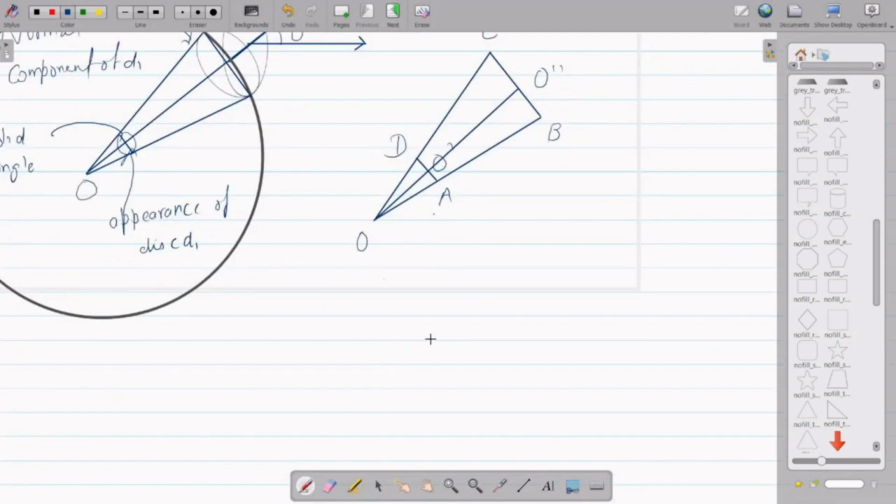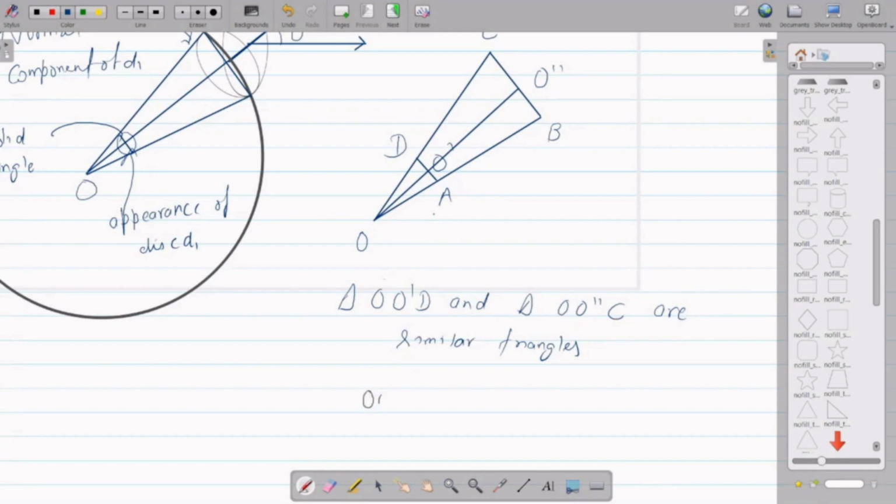So here in this figure, you can find out the two triangles, which are basically the triangle O dash D and triangle O double dash C, right? And you can say these two triangles are similar triangles. So by the property of similarity of two triangles, I can equate the ratio of corresponding sides.